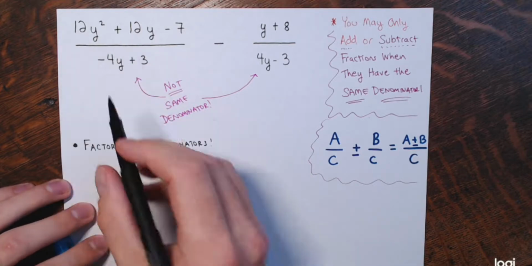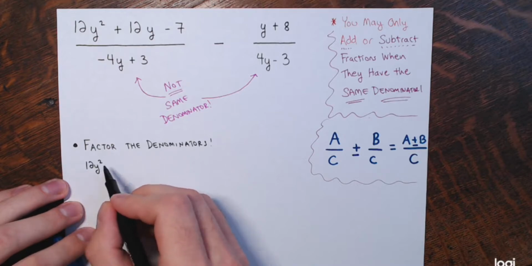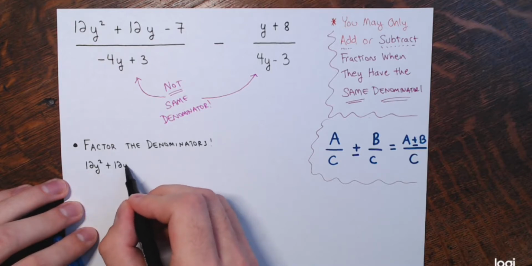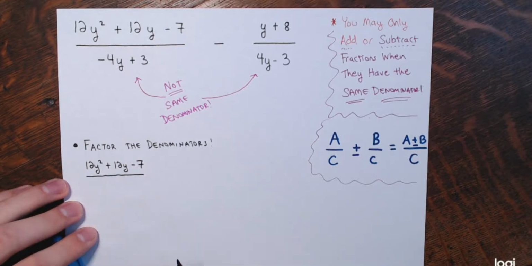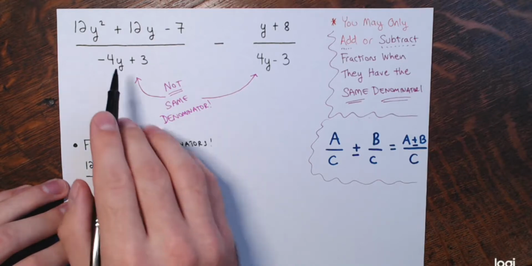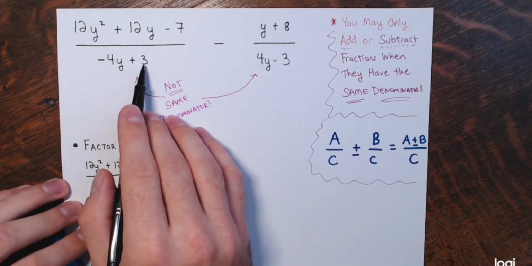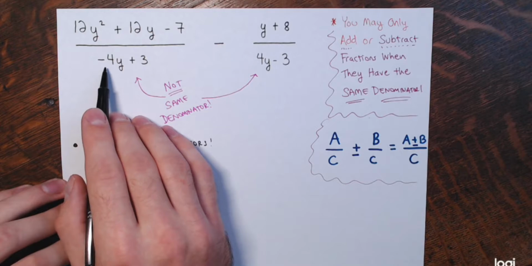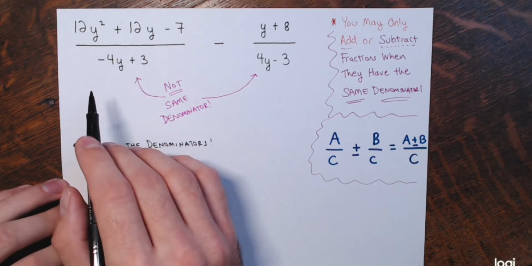So here, first fraction, I have 12y squared plus 12y minus 7 in the numerator, right? I'm not touching the numerator yet. This denominator, negative 4y plus 3. If you recall, whenever the lead coefficient was negative, I would factor out a negative, the opposite of the greatest common factor.